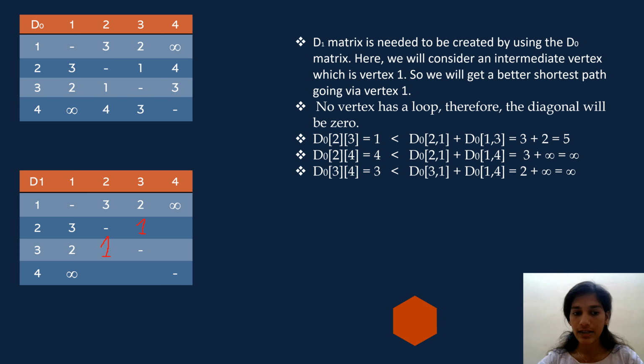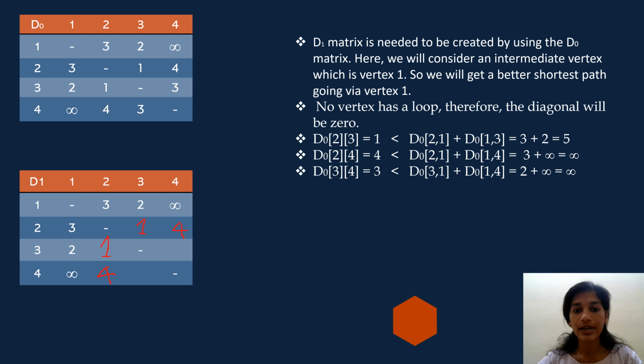So this is infinity, and the value in the above matrix is 4. In the algorithm the minimum value is taken, so the minimum of infinity and 4 is 4, and we write 4 here. Similarly, since it is an undirected graph, we write 4 here also.